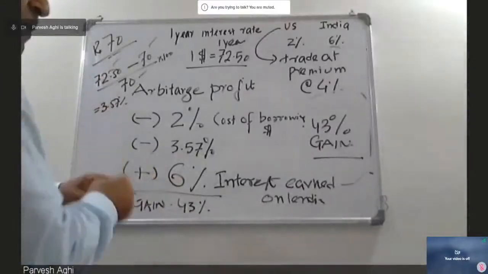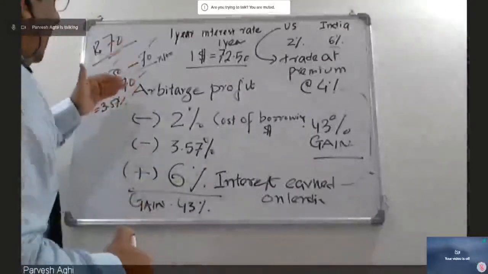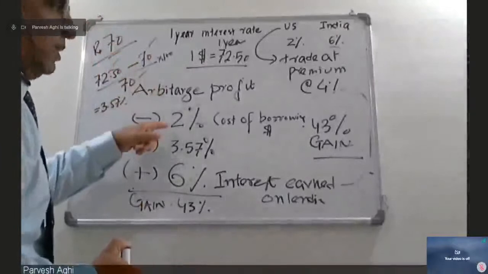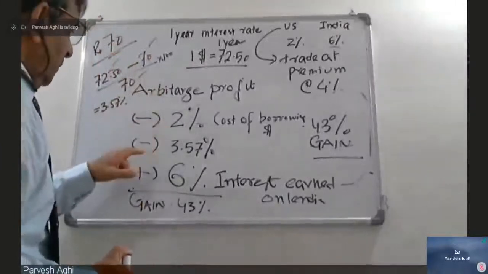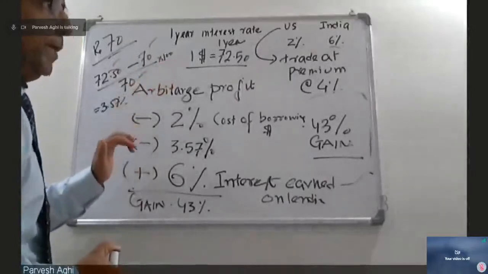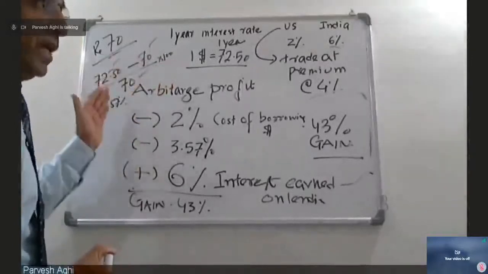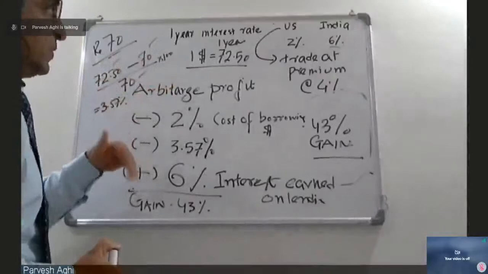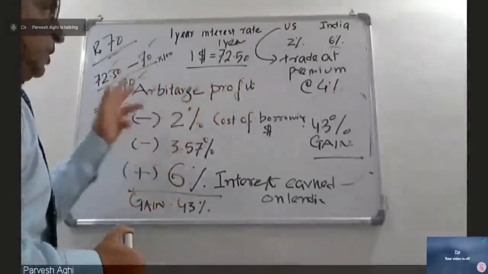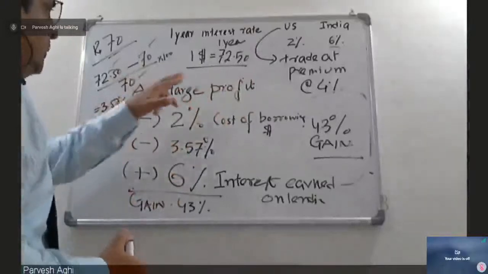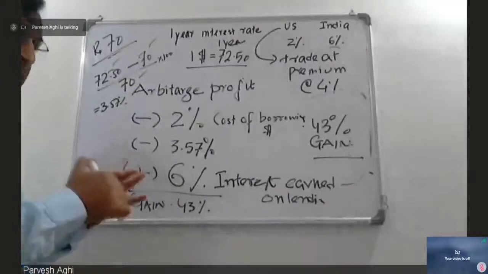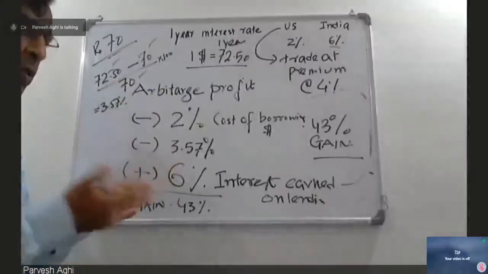I'll just explain that again. In the arbitrage profit, he has borrowed money in US dollars, so he is going to pay 2% rate of interest. Then he is going to lose on account of the rupee depreciating against the dollar. Because your money is invested in India in rupees, you lose out on depreciation.